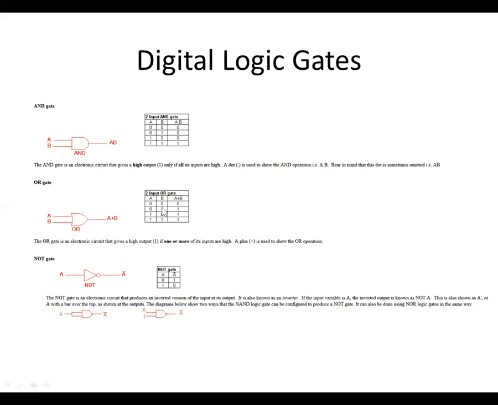But if any input is 1 or both inputs are 1, the outputs are 1. So this would be like 2 switches in parallel that are hooked up to a light bulb. Either one or both of them closed will turn the light bulb on.